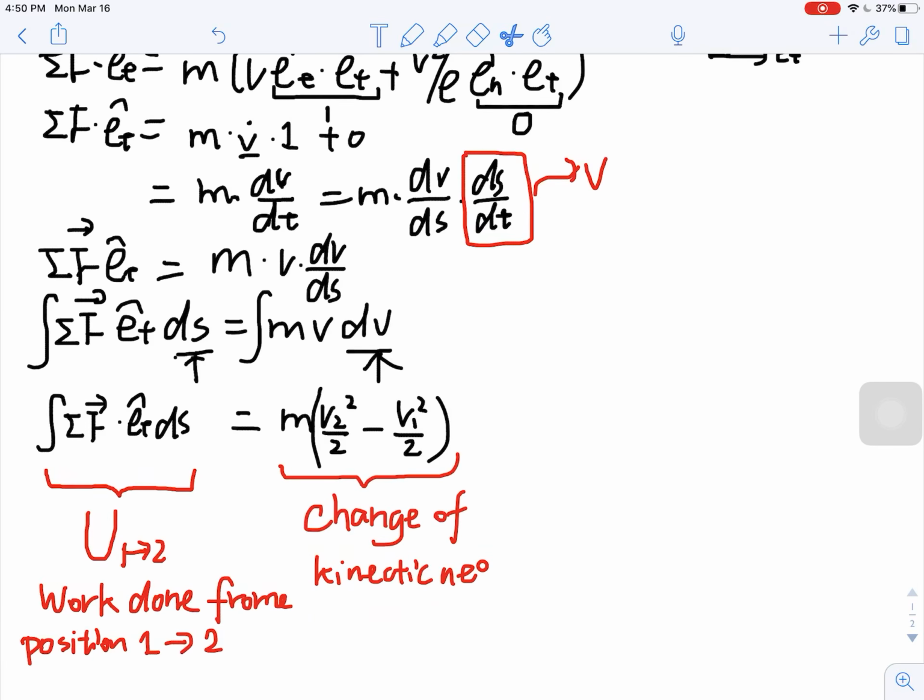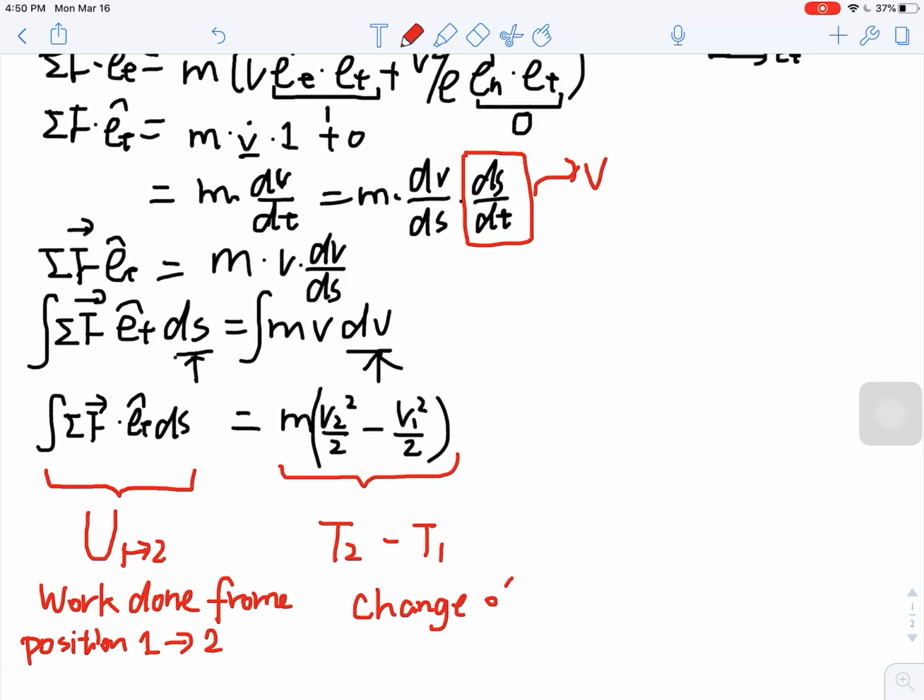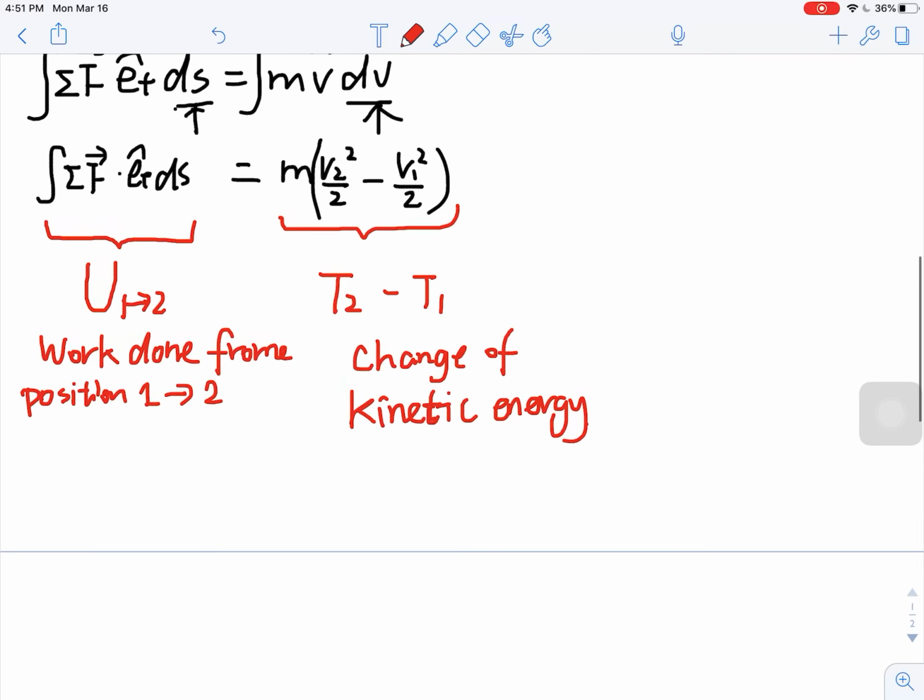Okay, never mind. Let's work. This can be represented as T2 minus T1, and that is the change of kinetic energy. And boom, let's add an equal sign in between.